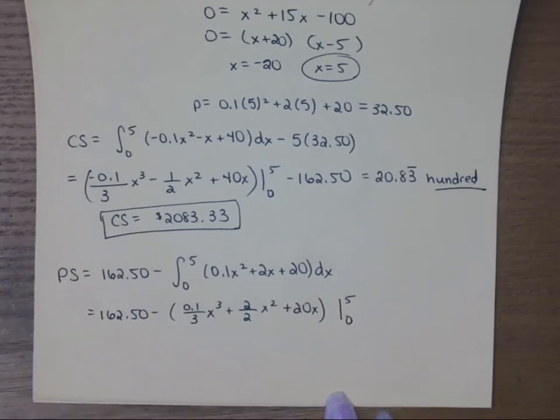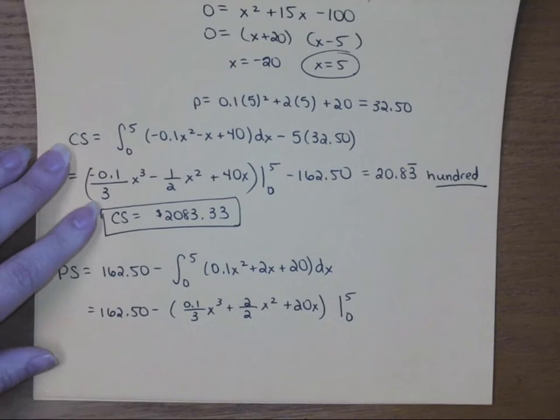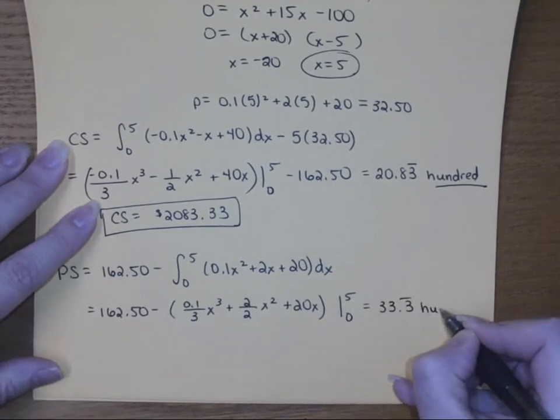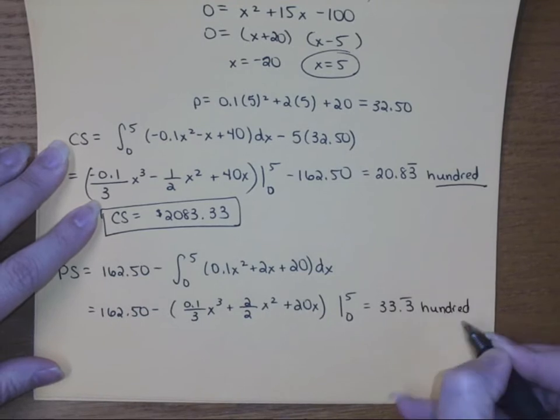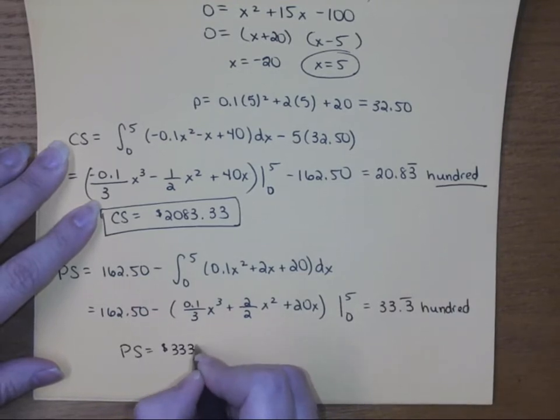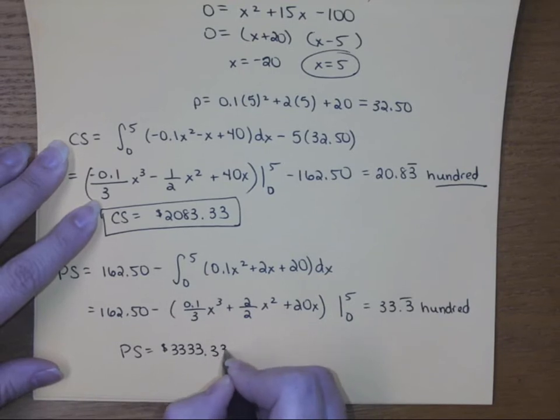So again, I'm going to let you practice with that, okay? But it would be 33.33 hundredths. So the producer surplus is $3,333.33.